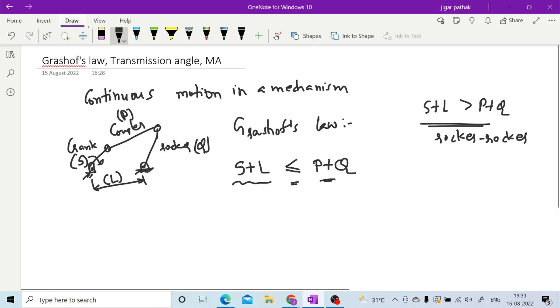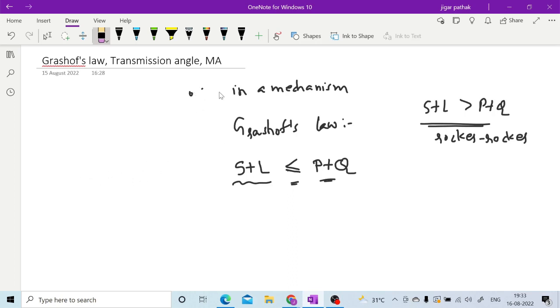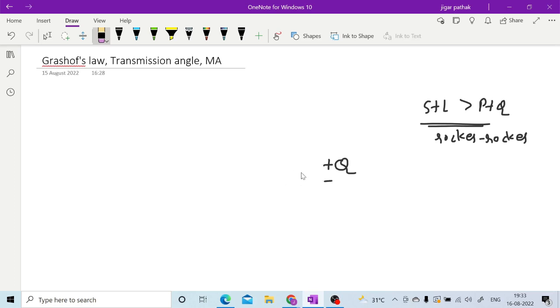After that, the second important thing is transmission angle. One second, let me rub this out for Grashoff's law and then I will write for the transmission angle. First you have to have an idea of what the transmission angle is.